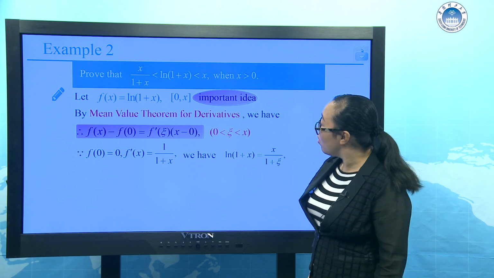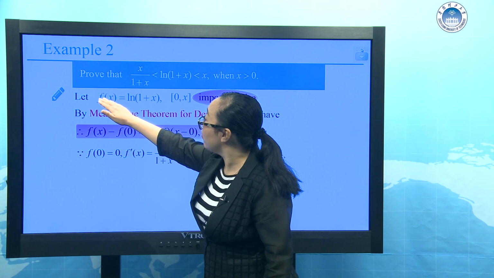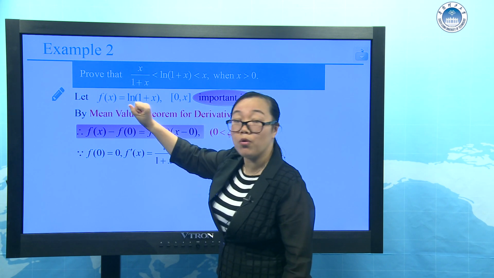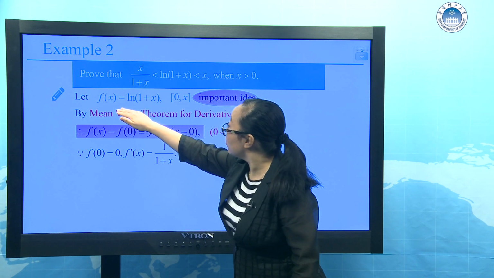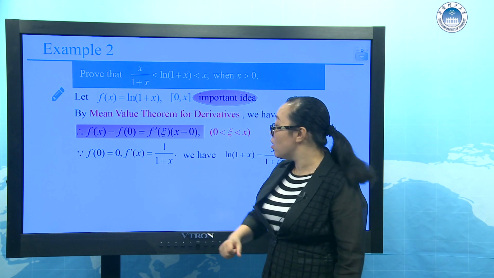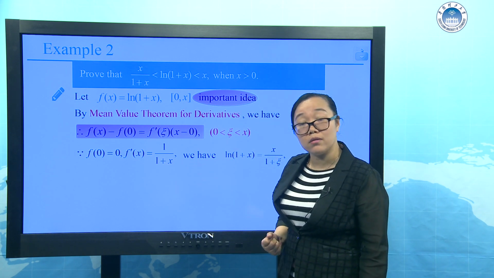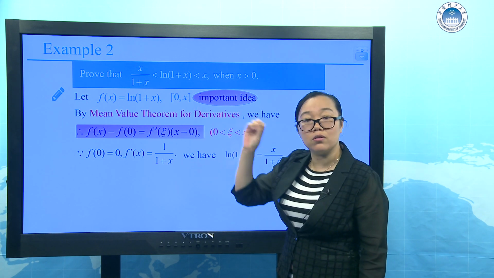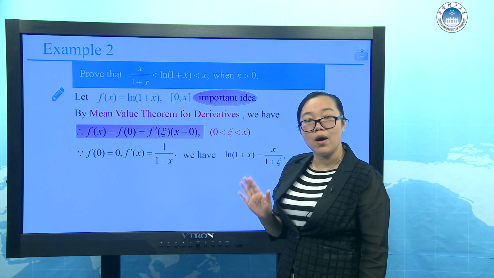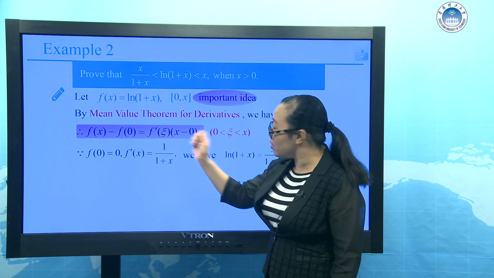Look at f(0). What is our f(0)? f(0) means the value of the function at the given point 0. f(0) equals ln(1 plus 0). ln 1 equals 0. So f(0) equals 0. And then f(x) itself equals ln(1 plus x). How about f prime of c?